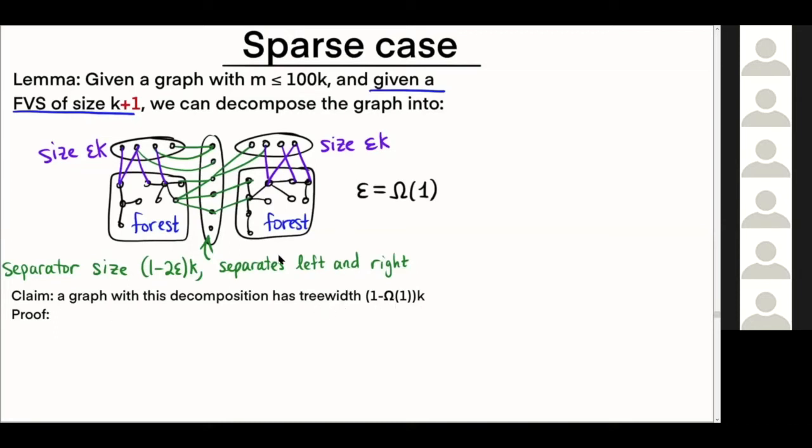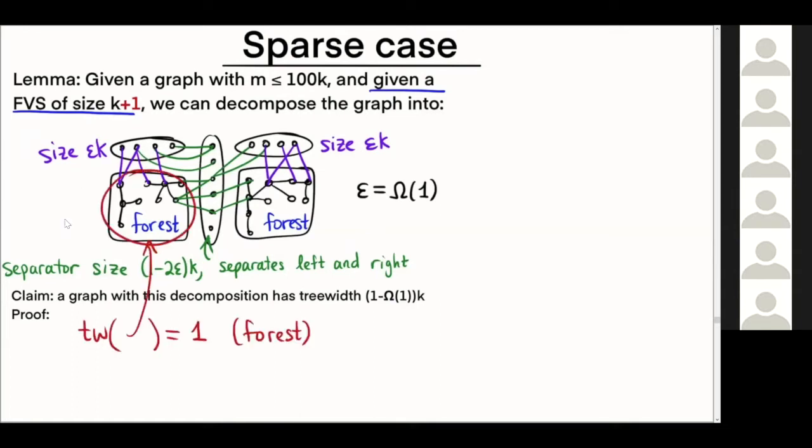So I want to claim that this graph has tree width almost (1 - epsilon) times k. Again, if you're not familiar with tree width, you can skip the next minute or two of the talk, where I just sketch out why this structure is what we need.